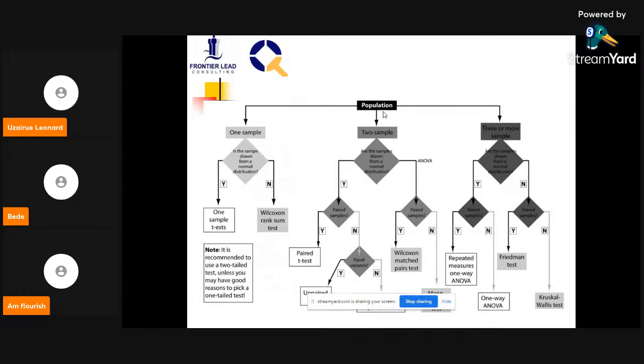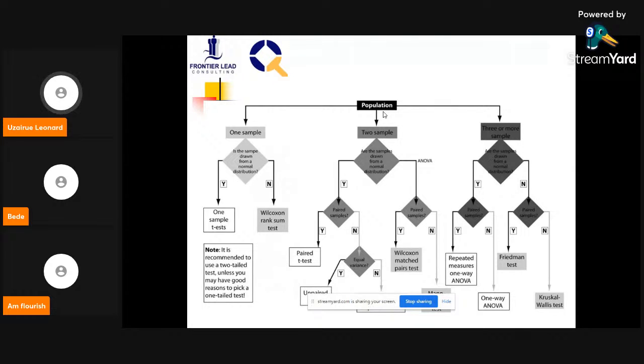So that's that. Now the next question is, if these samples are drawn from a normally distributed group, you will be looking at a one sample t-test. One of the tests you usually run in statistics is the one sample t-test. One sample t-test means you already have an established value, a reference value that you are using to compare.